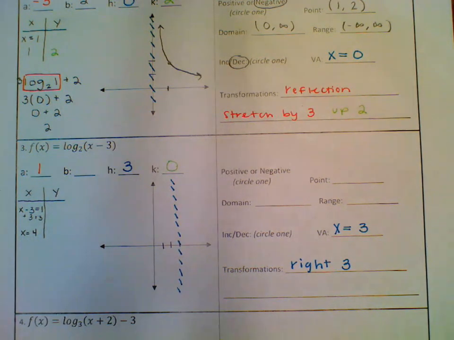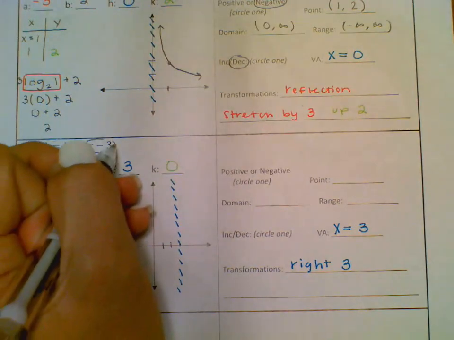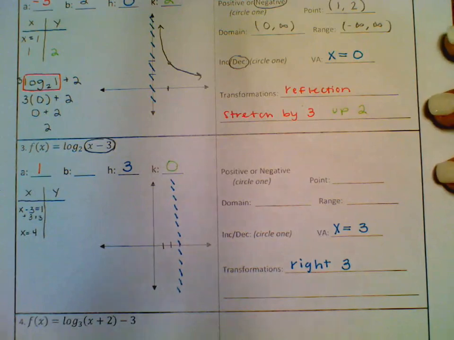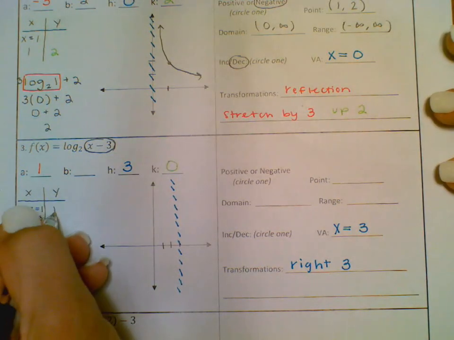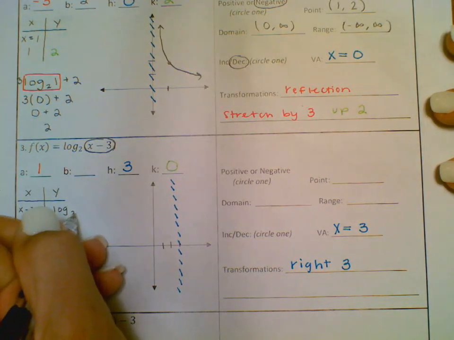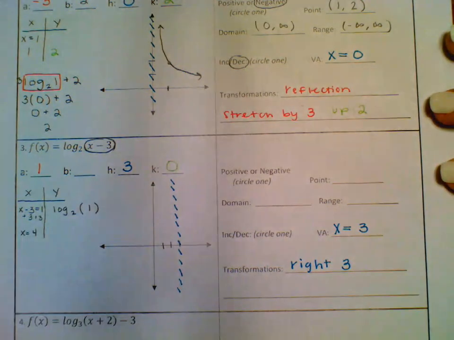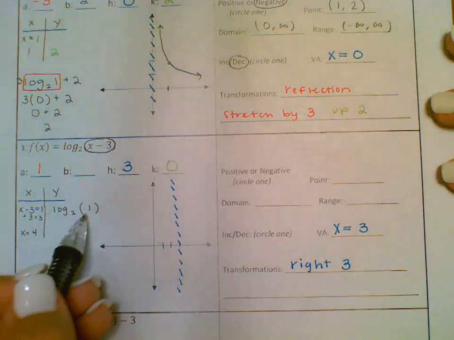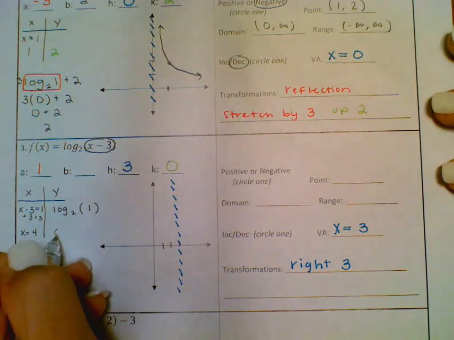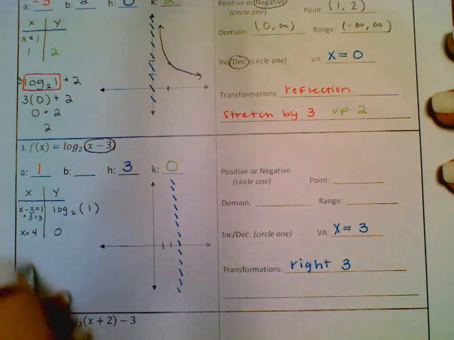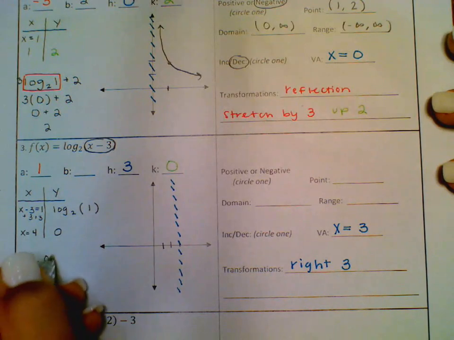Because if I make that argument 1, and I'm actually going to show the work, log base 2, turning that into a 1, what exponent turns 2 into a 1 would be a 0, which does match my k value. So my point is 4, 0.